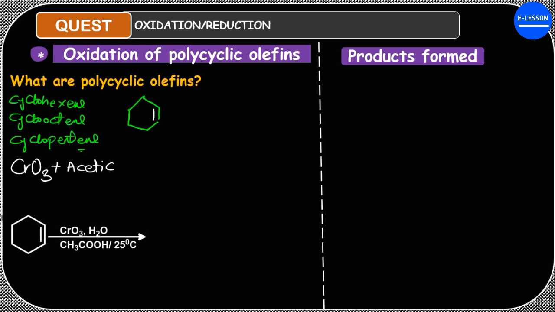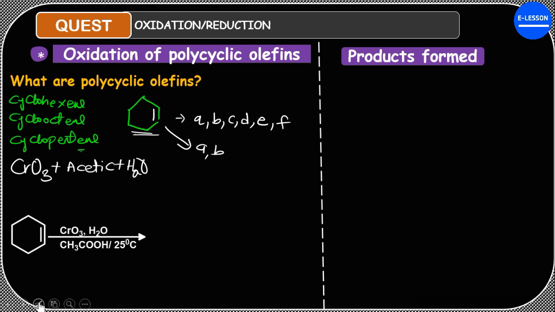Reason being that when you use chromium trioxide and acetic acid plus H2O to oxidize these polycyclic olefins, it forms a variety of products. That means it forms more than one product. Say this one starting material gives rise to product A, product B, product C, product D, product E, product F, and only one or two of them, let's say A and B, are major.